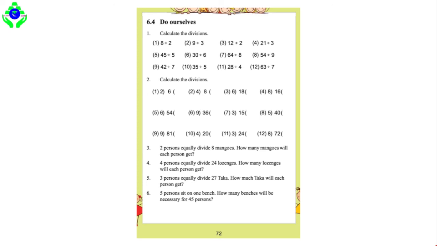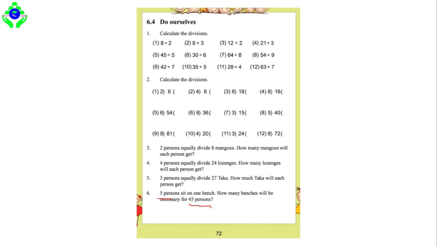In question number 6, we can see that 5 persons sit on one bench. How many benches will be necessary for 45 persons? That means 5 persons can sit on one bench, but there are 45 persons.